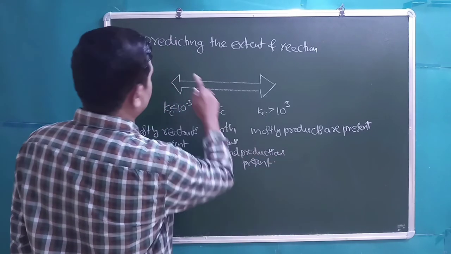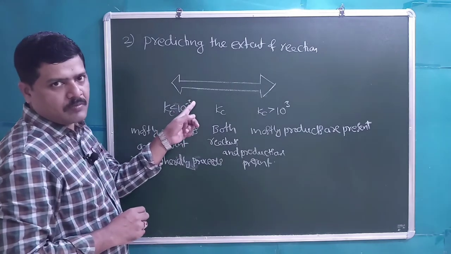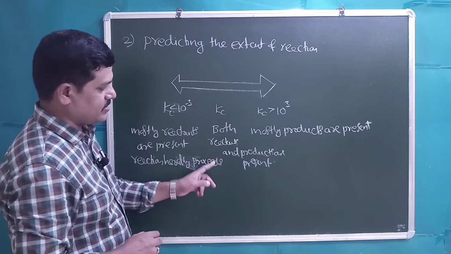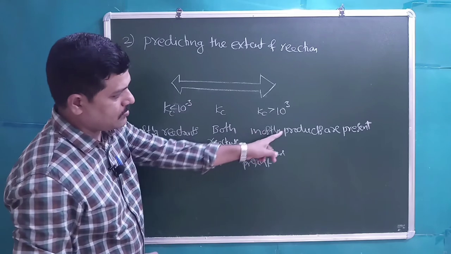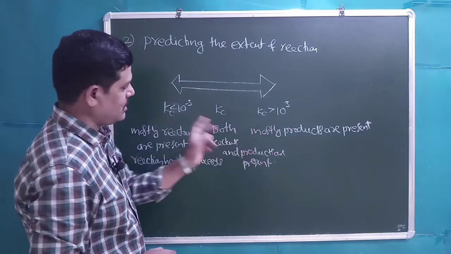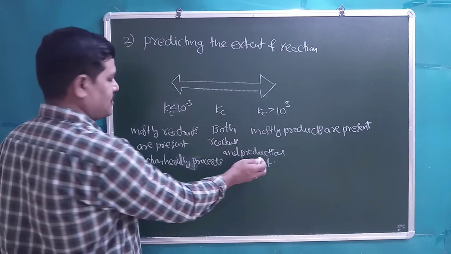Students, this is about predicting the extent of reaction. If the Kc value is less than 10 power minus 3, mostly reactants are present and the reaction hardly proceeds. If Kc is greater than 10 power 3, mostly products are present and the reaction becomes almost irreversible in nature. If it is in between these two limits, both the reactants and products are present.